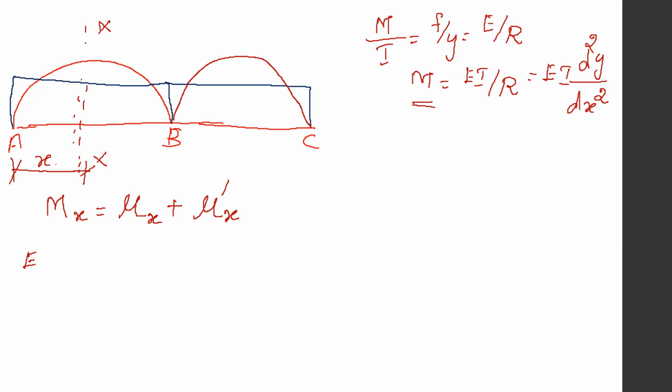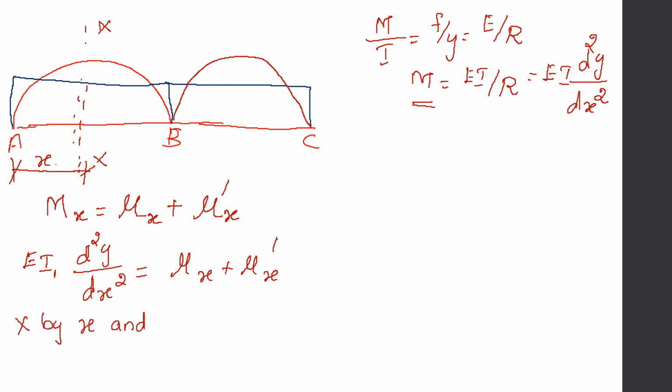So we get EI1, because we are taking the span 1, so the moment of inertia is I1. So EI1 into d²y by dx² is equal to μx plus μ'x. Now, we will multiply by x and integrate.